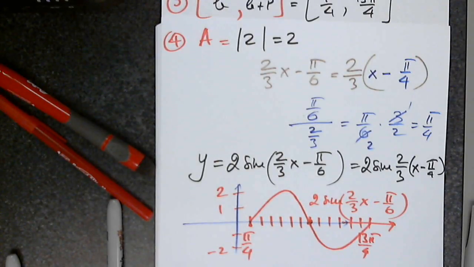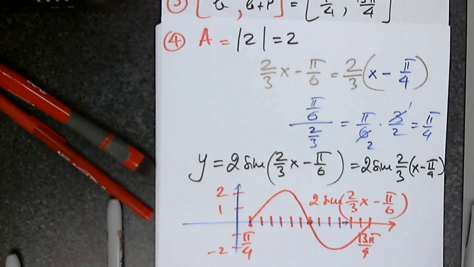Be careful how you put it in. I will put parentheses 2 divided by 3 times x and minus pi over 6. I always do that. What did I do now? So 2, sine, parentheses 2 divided by 3, close the parentheses, x minus pi divided by 6, close the parentheses.